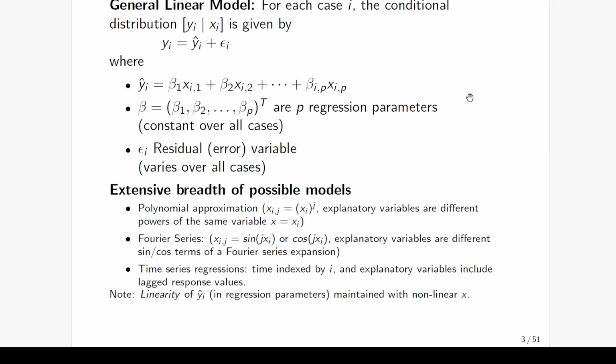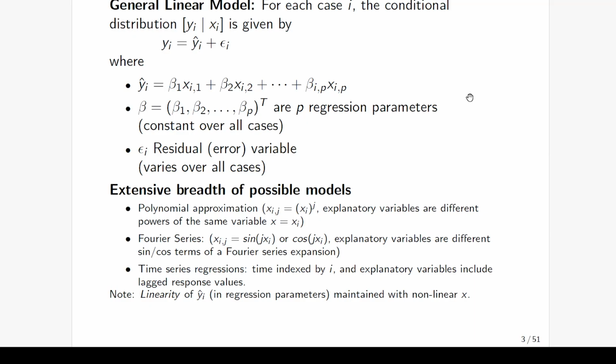And there's actually a typo there. It shouldn't be beta sub ip. It should just be beta p there. And with this setup, we could consider different explanatory variables that happen to be just different powers of one independent variable x. We could also consider Fourier series of x variables.